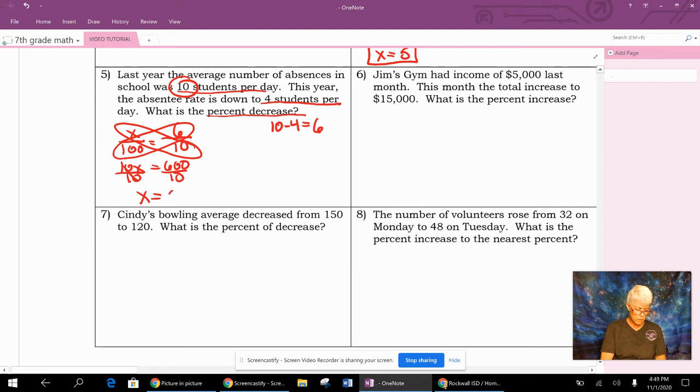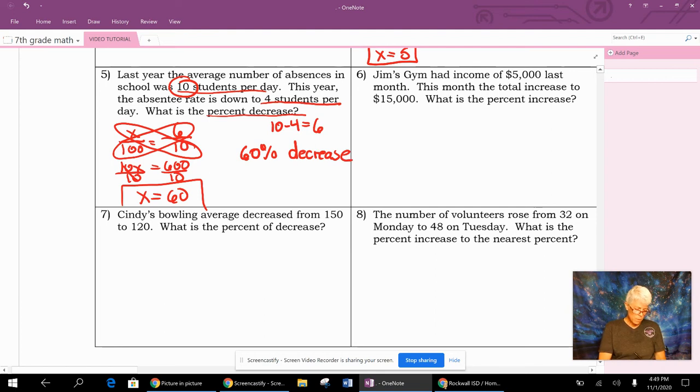X equals 60. Yes, there we are. But 60 what? That's really not my answer. It's 60%. 60% increase or decrease. It's very important that you note which. It is a decrease.